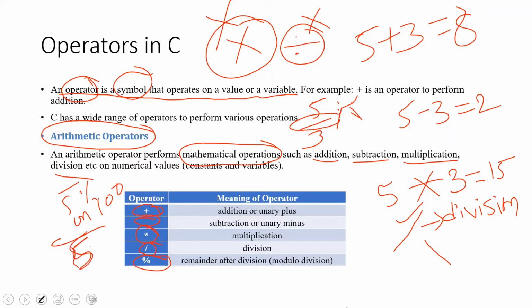The percentage symbol is used to calculate the percentage. But in C programming, the percentage symbol is used for modulus, to find the modulus.